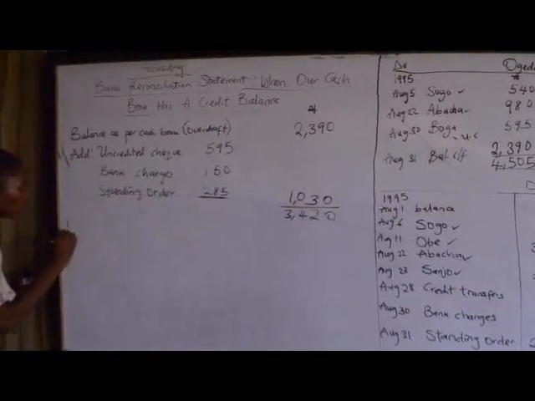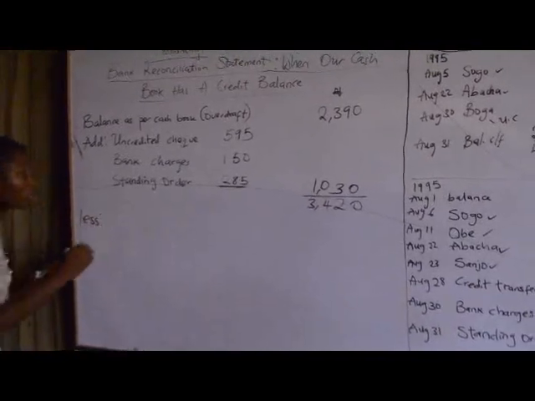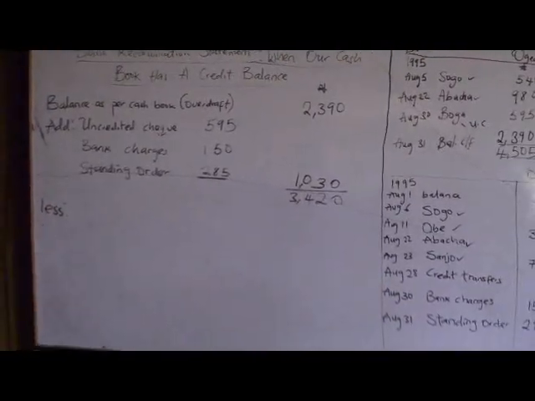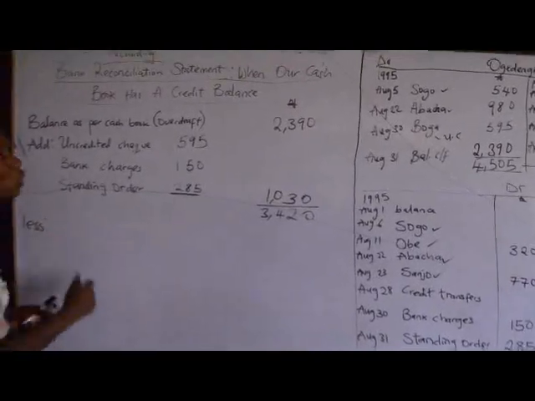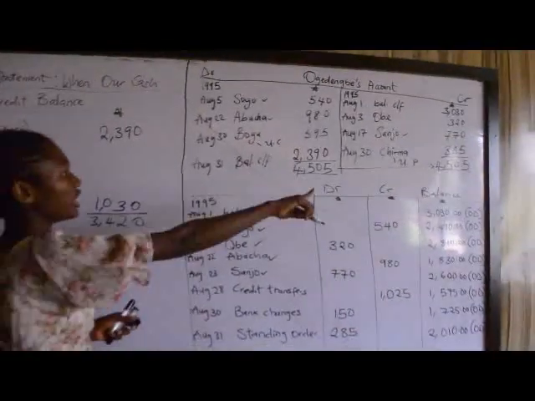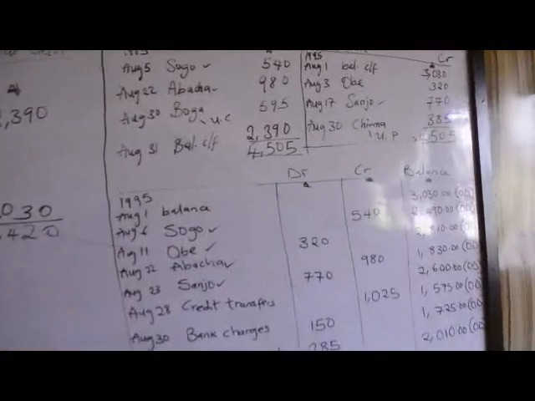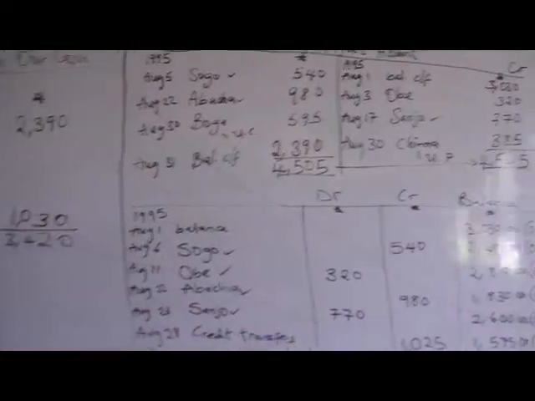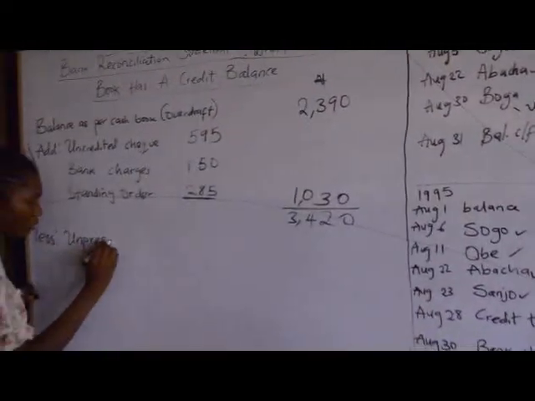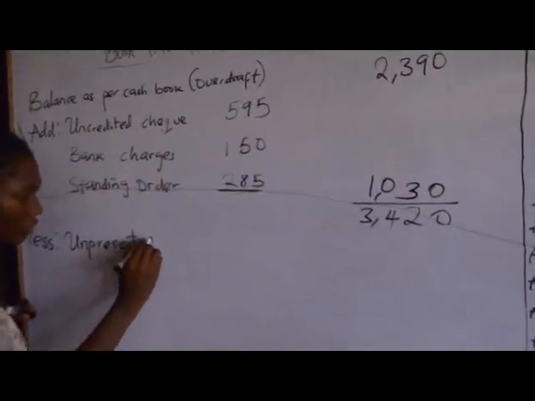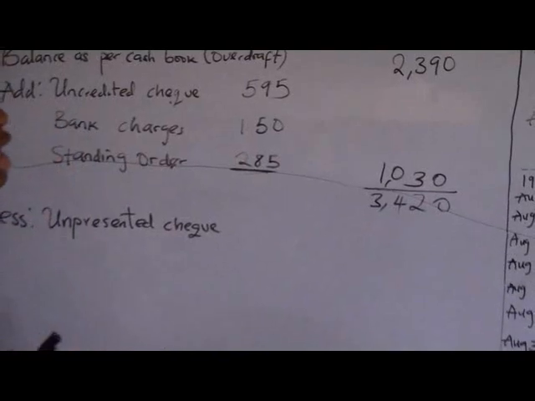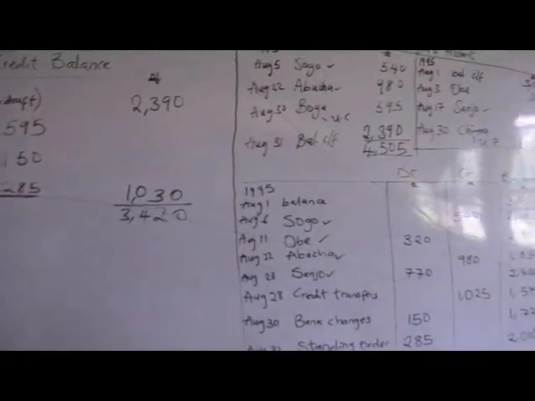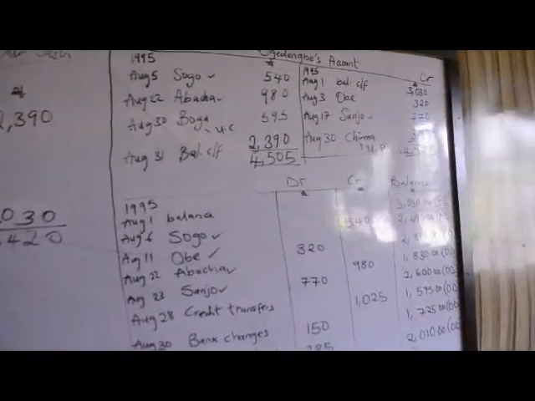So we'll be lessing all our incomes, okay, all the incomes coming in, so that we can know our net overdraft, okay. Alright, so the first one we'll be lessing is our unpresented check, okay. We'll be lessing our unpresented check. And our unpresented check is 385 naira.